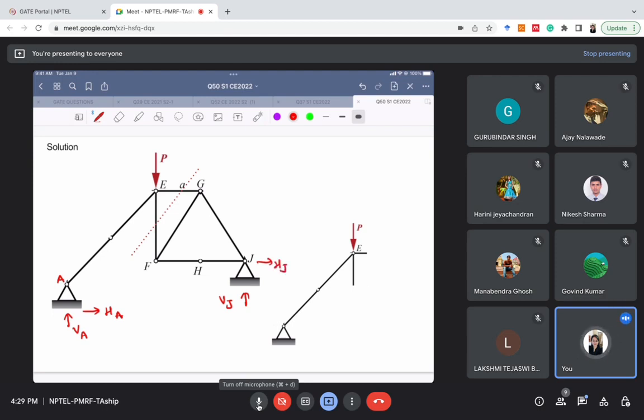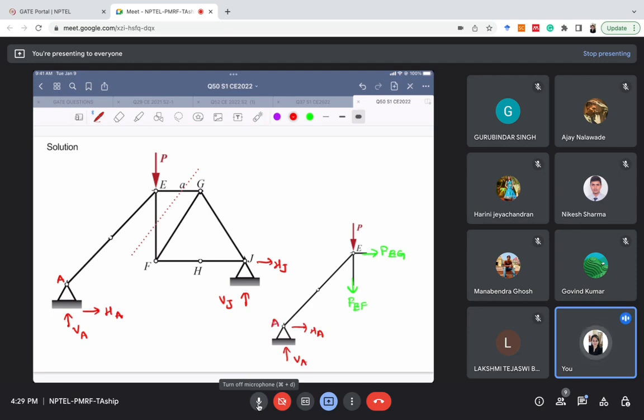Now we have cut this section because we need to find the force in EF, so we have cut this section like this. Okay, so what we can do, we can name this force as FEF and this force as FEG. Also, we can write our reaction as VA and HA.